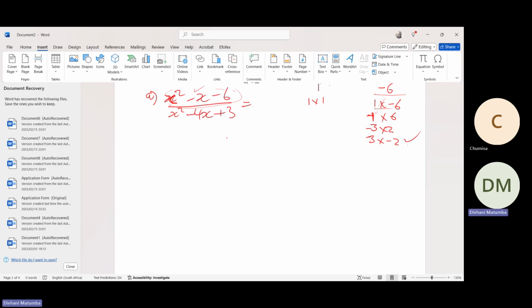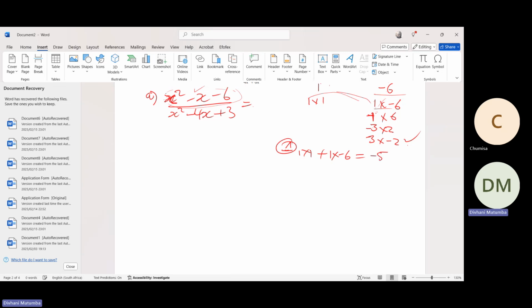Let's do our combinations. The first one, number 1, we're going to have 1 times 1 plus 1 times -6, which is 1 minus 6.